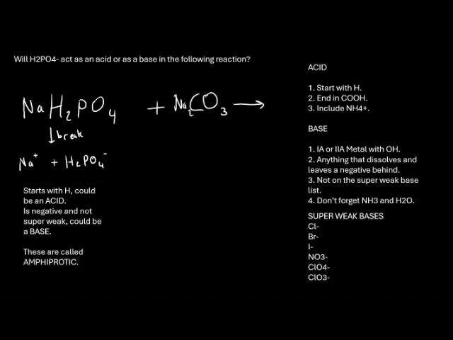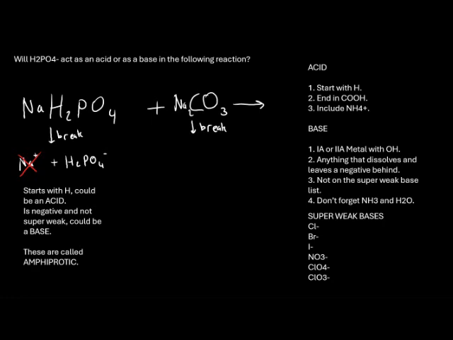Also bear in mind that Na+ does not take part in any acid-base reactions at all. We can safely ignore it from here on out. Since H2PO4- is amphiprotic, we can't say yet whether it will act as an acid or a base without looking at what it reacts with. So we must also break apart the Na2CO3.